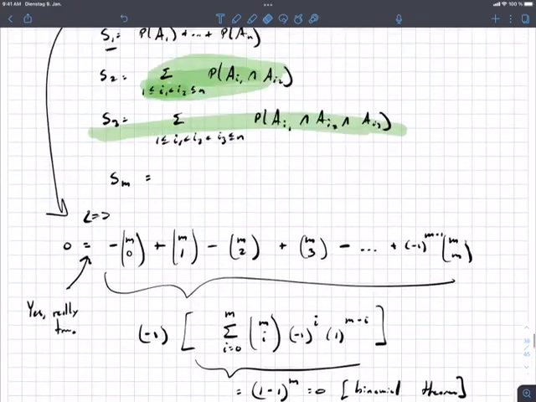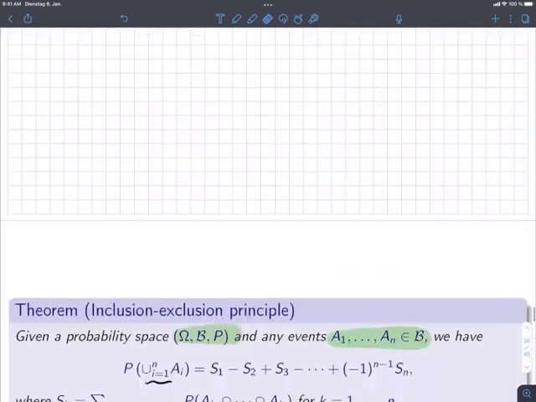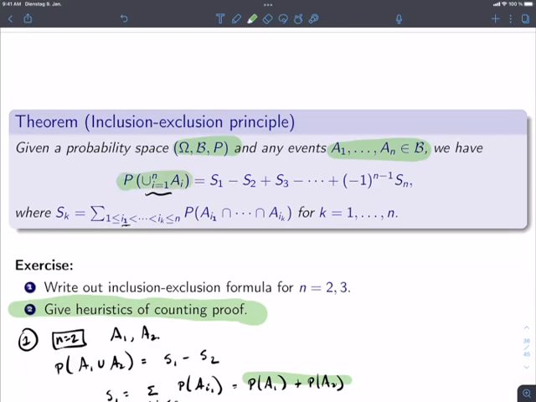Basically, the Bonferroni inequalities tell us that when we set up the inclusion-exclusion principle, if we just stop here, then we get this inequality. But if we stop here, then we get this inequality. And if we stop here, then we get this inequality, and so on.